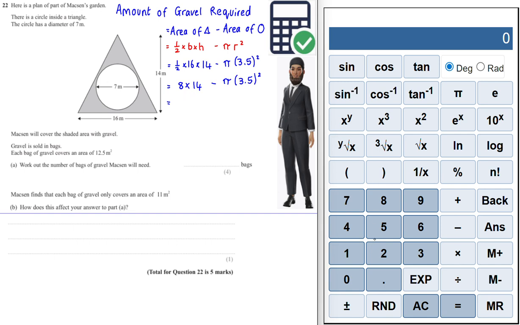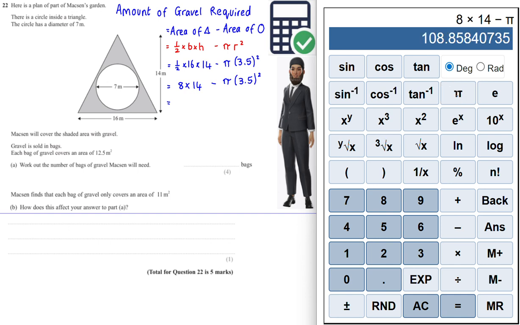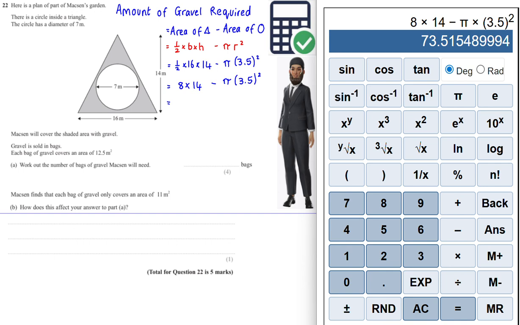So then what you'll get is 8 multiplied by 14, minus pi multiplied by, let's open the brackets, 3.5, close the bracket, and we need to square that, and we get an answer of 73.515, and that's going to give us meters squared.